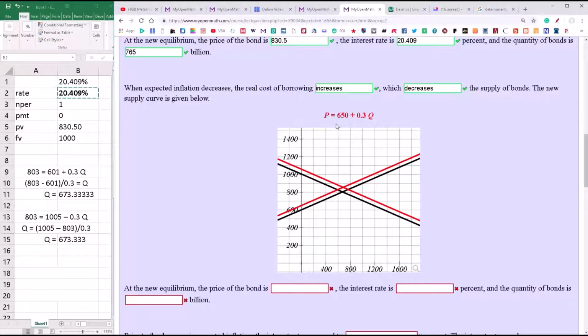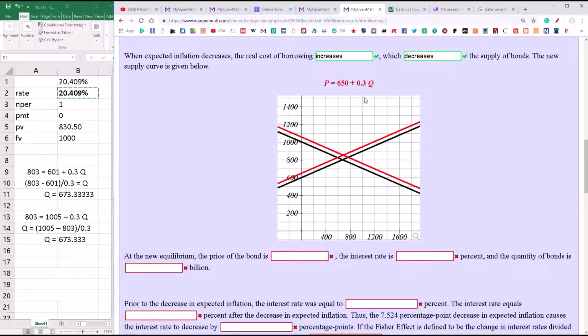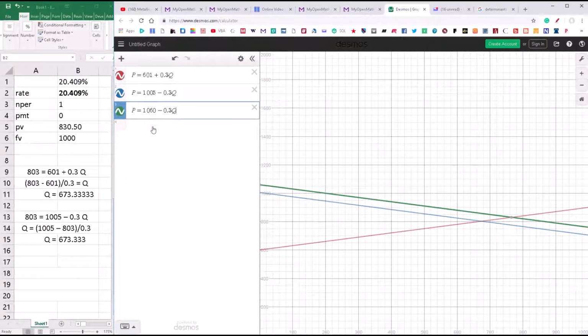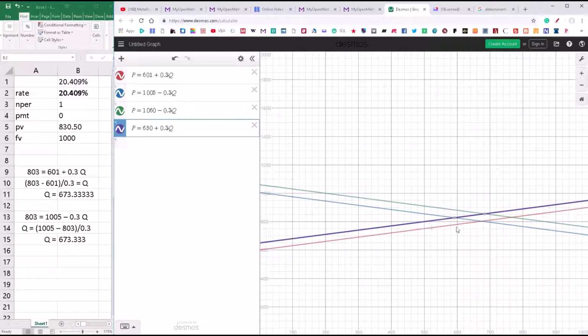Okay, so at the new equilibrium price, I'm going to copy this equation into Desmos, and the new equilibrium is right here, so it's going to be kind of above the original equilibrium. Here's the original equilibrium here, right?